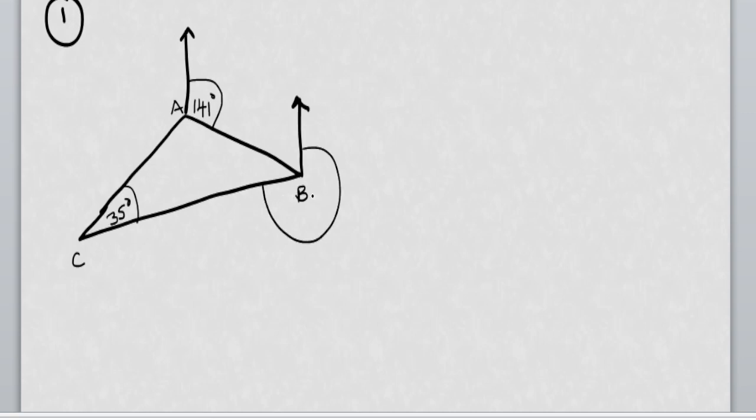This angle is 225 degrees. So those are the angles that we have. Then now what is the question? The question is saying find the bearing.